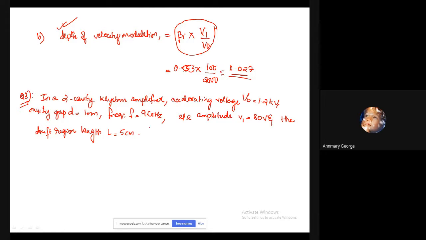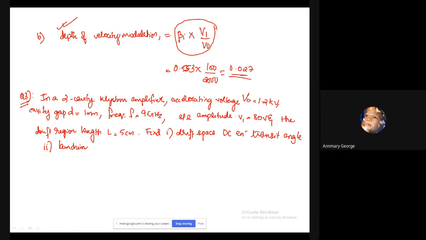You have to find, first part, the drift space DC electron transit angle, and the second part is the bunching parameter.